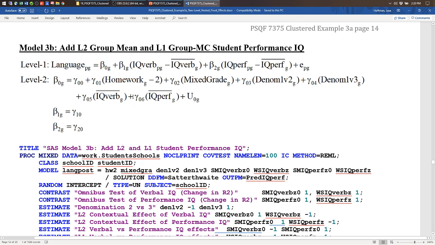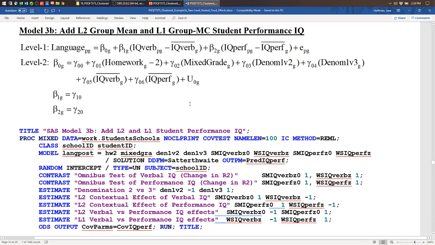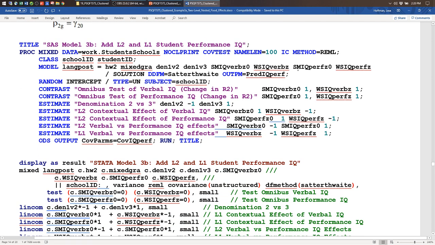Likewise, here for IQ performance, I'm adding the school's mean as a level 2 effect. So those new variables show up on the list of predictors. In neither program do you have to denote them as level 2 variables or level 1 variables. It figures it out.